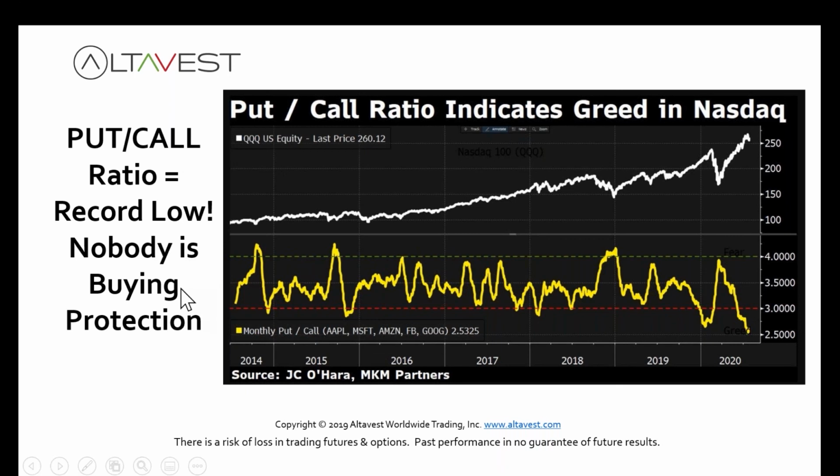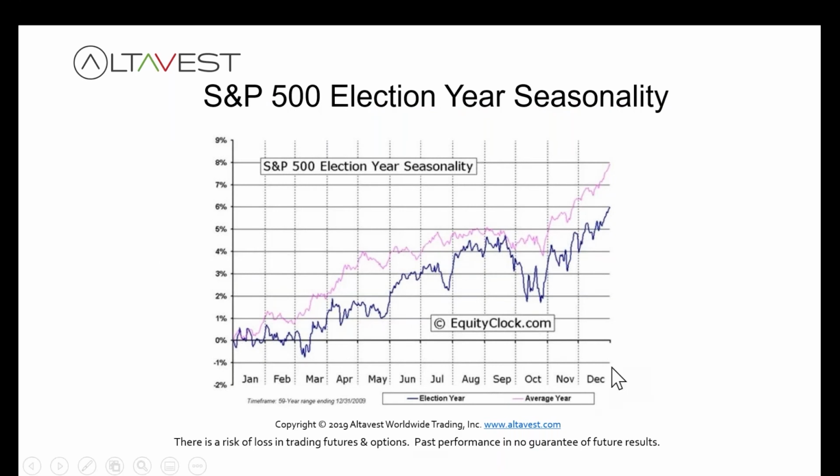If you're just sitting tight on your NASDAQ position or whatever it is, that's fine. You're making great money. But remember, nothing goes up forever. Here's a great chart on the S&P 500 election year seasonality. You can see here, looking into August, September, a little bit of choppiness. And then as we approach November, at least historically, in an election year, we get a big sell-off, kind of interesting.